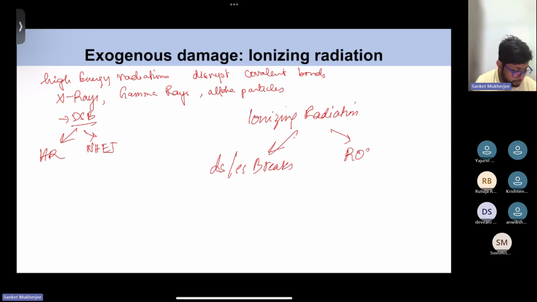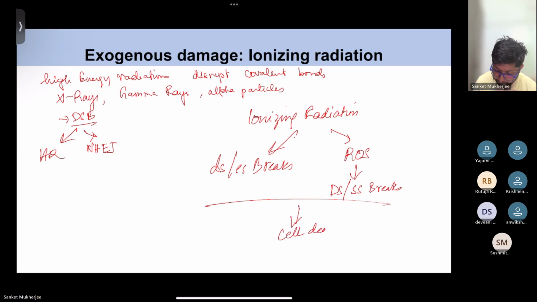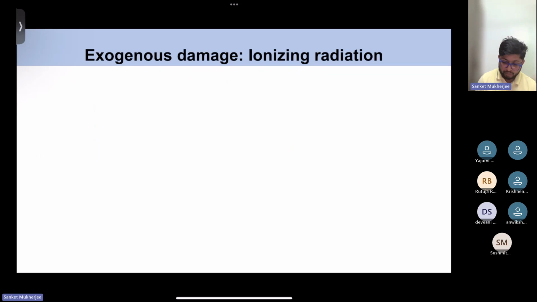Free radicals are produced. Now, these free radicals will again form double-stranded or single-stranded breaks. And the ultimate fate of this is cell death, right? So that's how it happens.